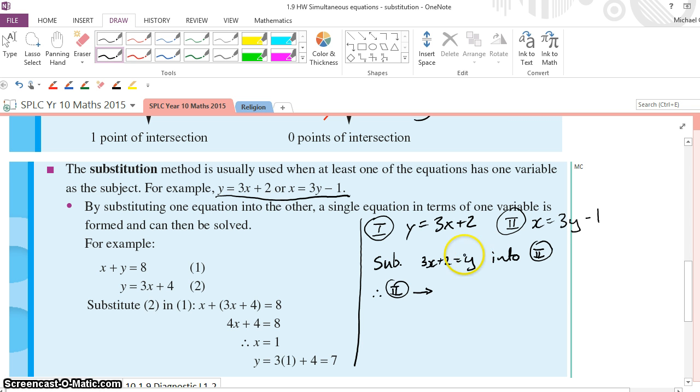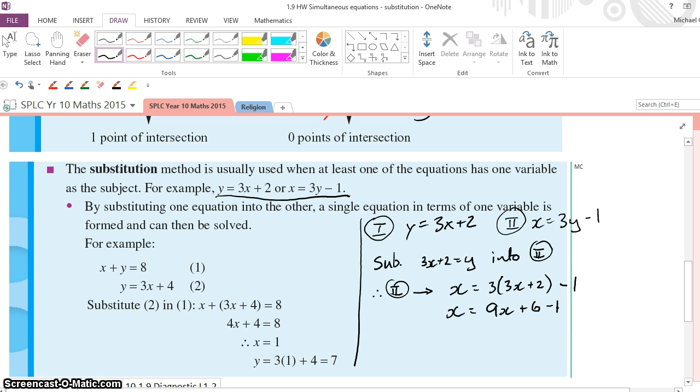So wherever there was a y, I'm replacing it with 3x plus 2. Remember, when substituting into an equation, please use brackets when you make that substitution. You'll be much more likely to get the right answer. From here, it's just a matter of solving a simple equation. Let's expand that bracket. 9x plus 6 minus 1.